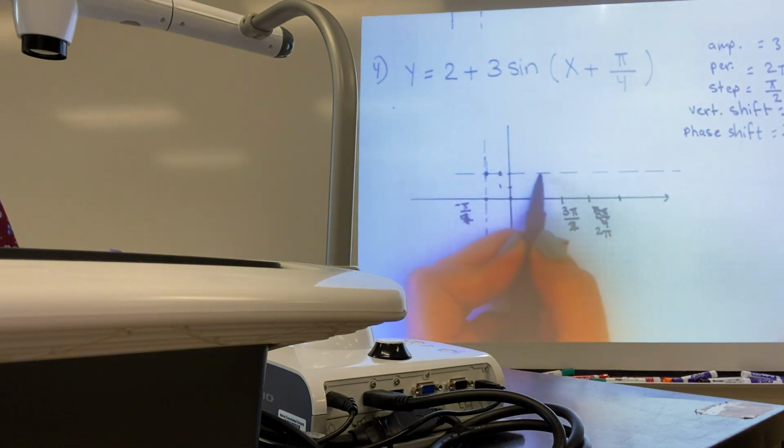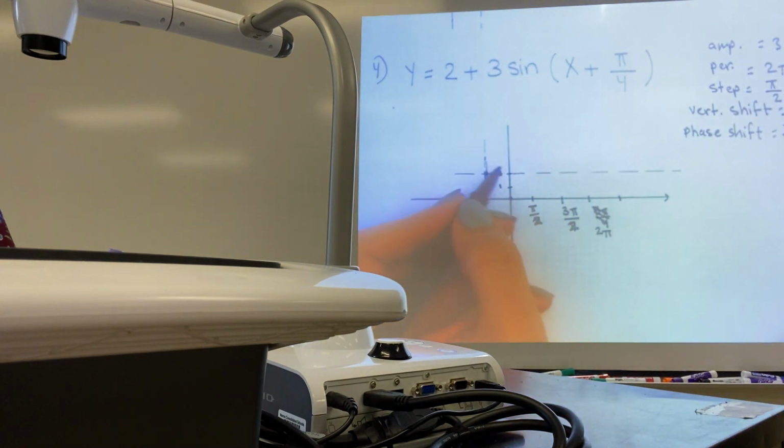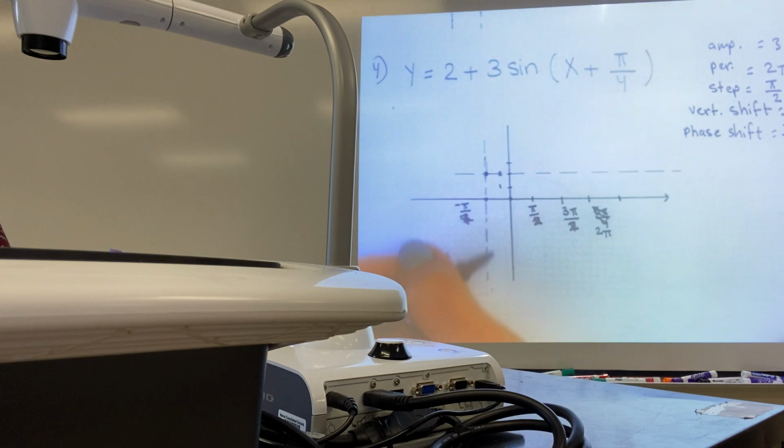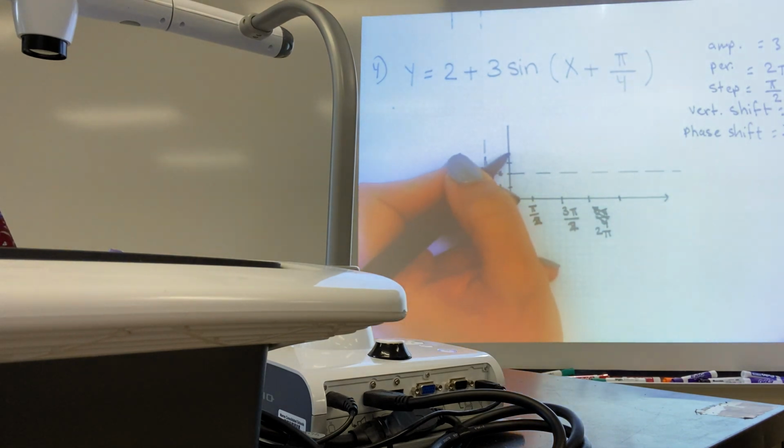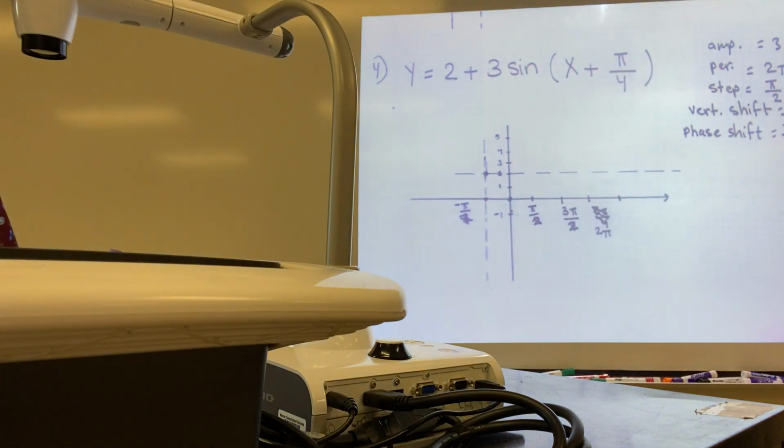Since my graph is shifted 2 units up and the amplitude is 3, the graph will go 3 units above the 2 and 3 units below the 2. So this will go to 3, 4, and 5, and then below the 2 that will be 1, 0, negative 1, 2, 3 units. So it will go down to negative 1. Okay?